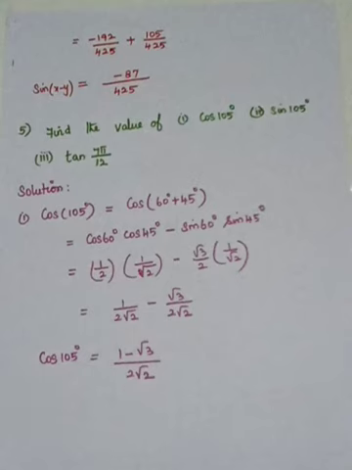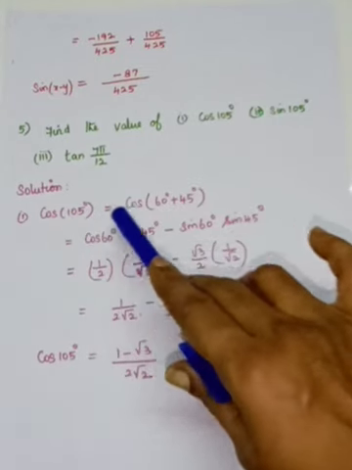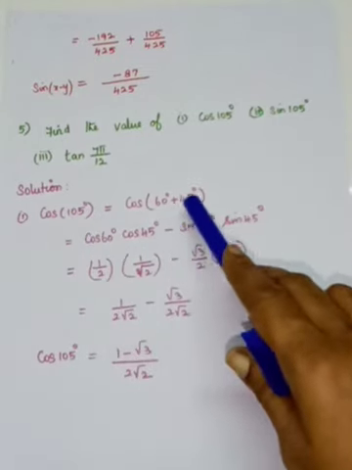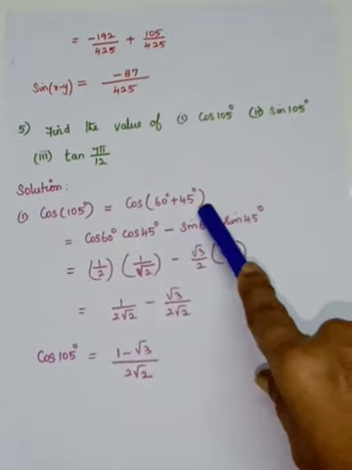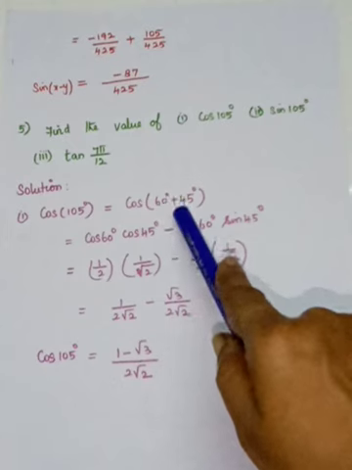Okay, come to the fifth problem. Now find the value of cos 105 degree, sin 105 degree and tan 7 pi by 12. Okay, first we'll go for cos 105 degree. This 105 degree can be written as 60 degree plus 45 degree. Okay, now it is in the form of what? Cos of alpha plus beta.